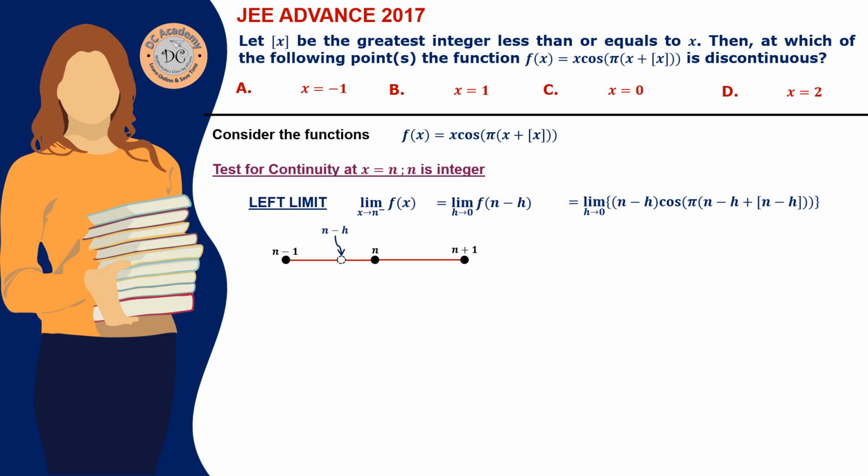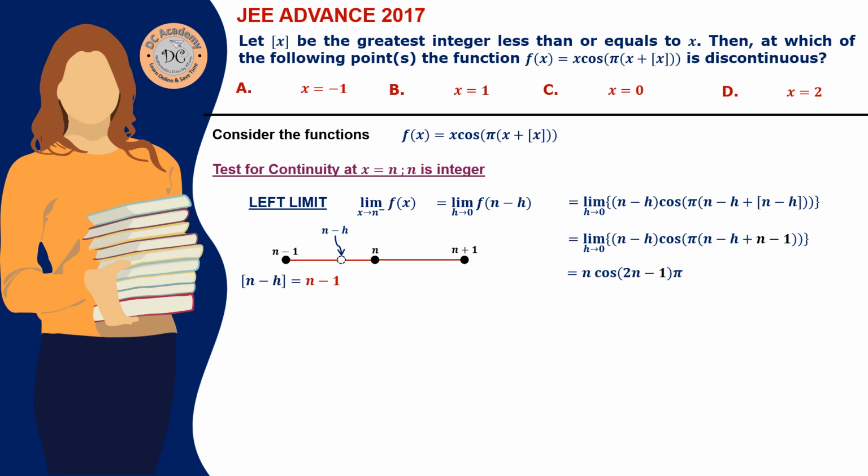So we replace it in the respective position, and we can see that the h terms cancel out. Our resultant limit becomes n cos((2n minus 1)π).